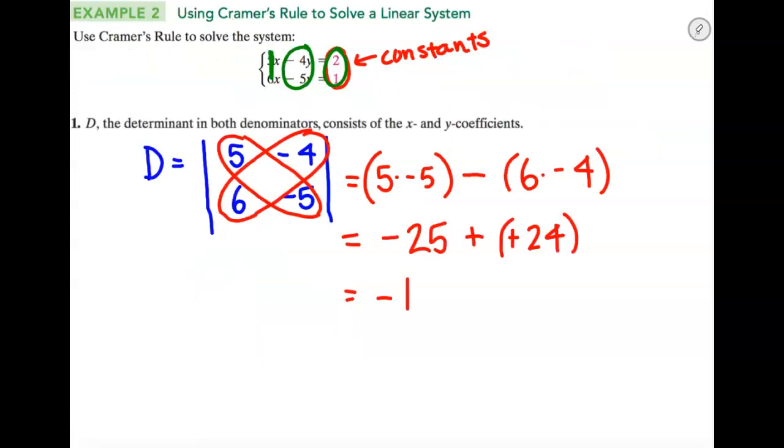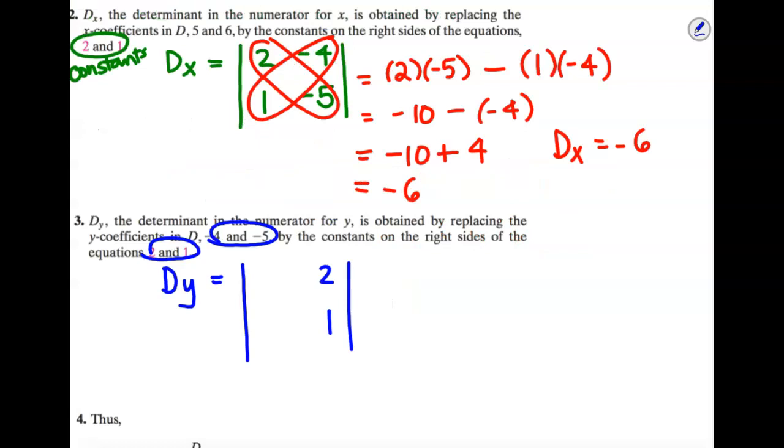If I think about my original system, I'm going to remove those terms in my determinant and keep my 5 and 6, then replace the other column with 2 and 1.